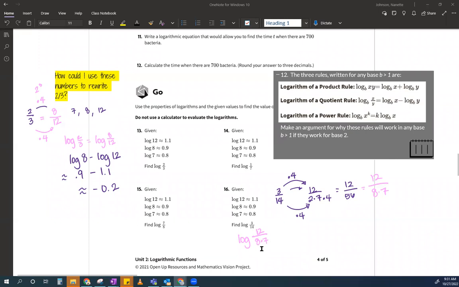These are being divided by. Here, the denominator got divided by, and then it's subtraction. So the way I write this whole thing out is log 12 minus log 8 minus log 7. Okay. And if this would catch up, that would be fantastic.